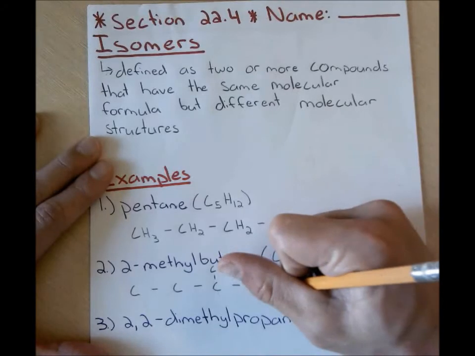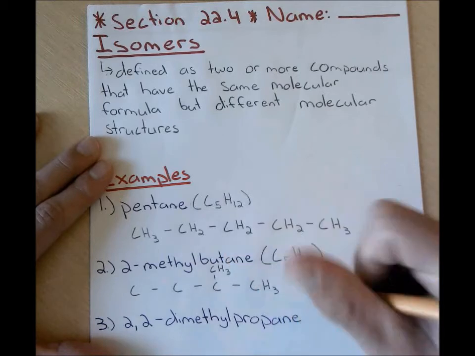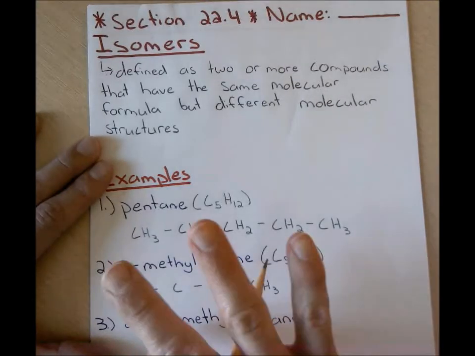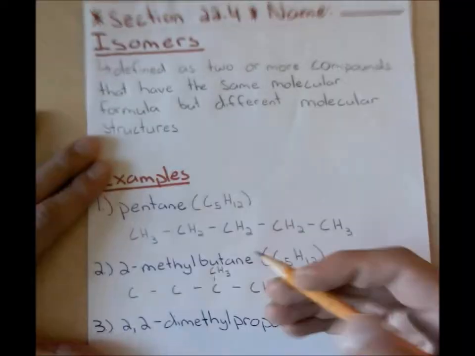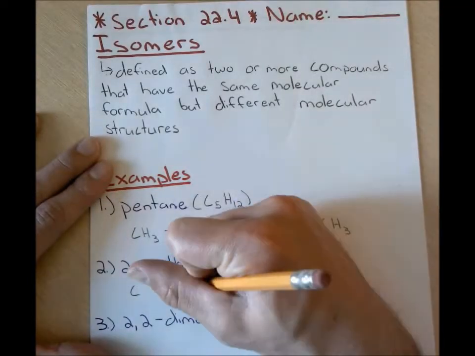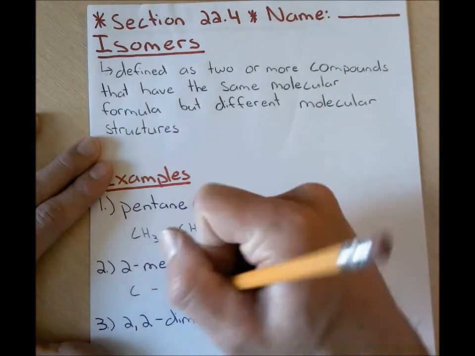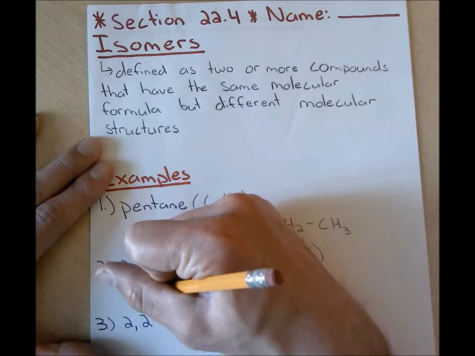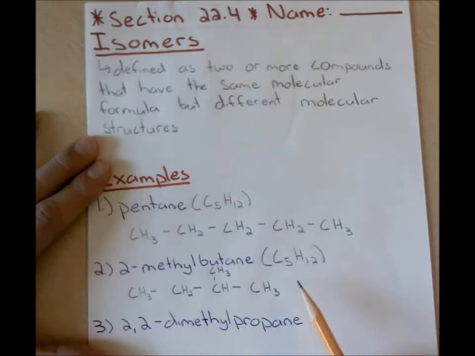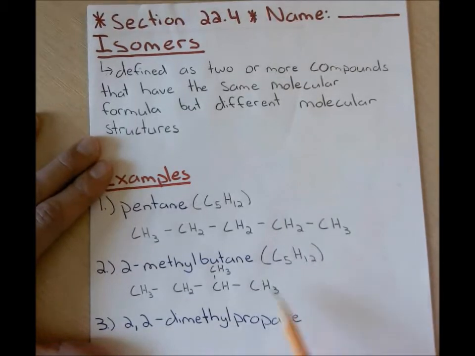Now I'm going to add in my hydrogens. Remember, each carbon needs a total of 4 connections, so this is what we obtain. To double check that it has the formula C5H12, I count my carbons: 1, 2, 3, 4, and 5.